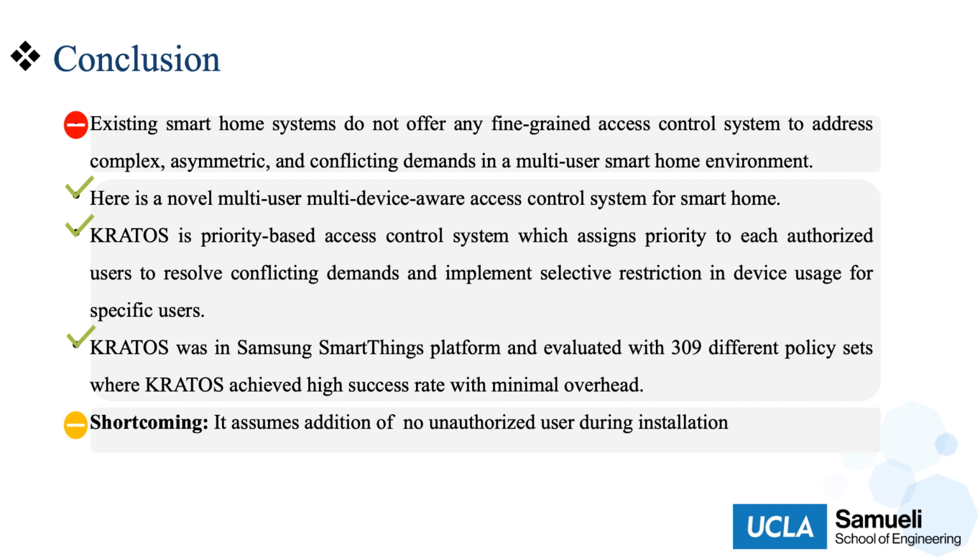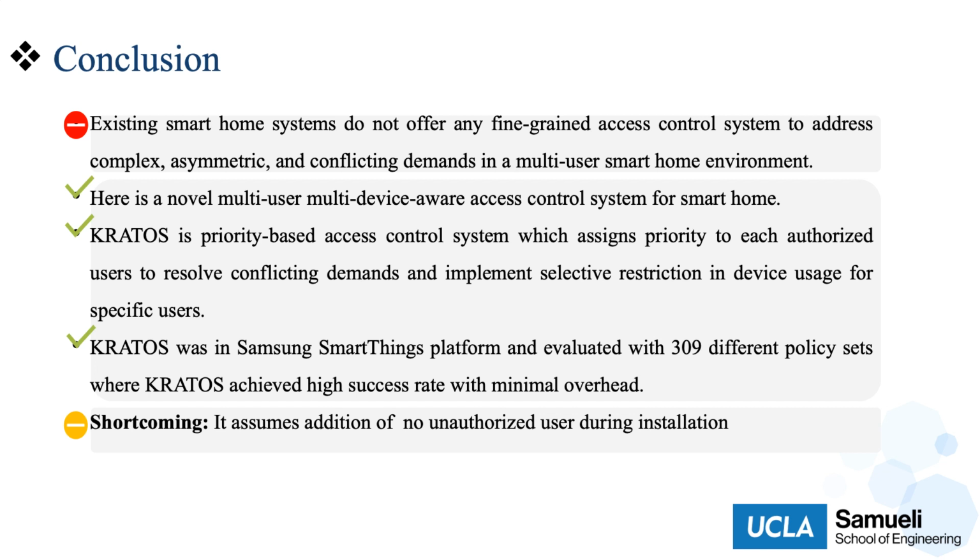But with this Kratos system, they have a novel multi-user, multi-device platform that is able to set up priorities for access and assign priorities and authorization for the different users. It was used on the Samsung SmartThings platform and evaluated with 309 different policy sets. And the highest success was achieved, as I showed you, with the values.